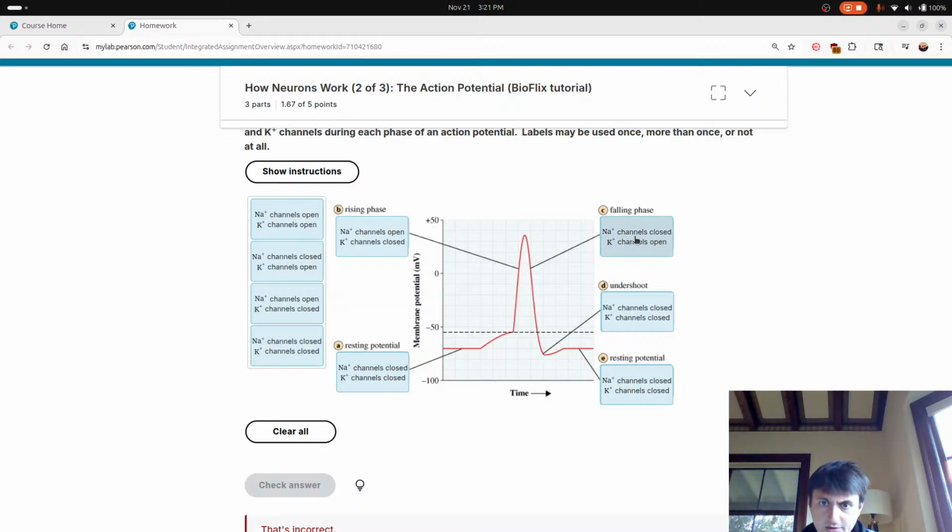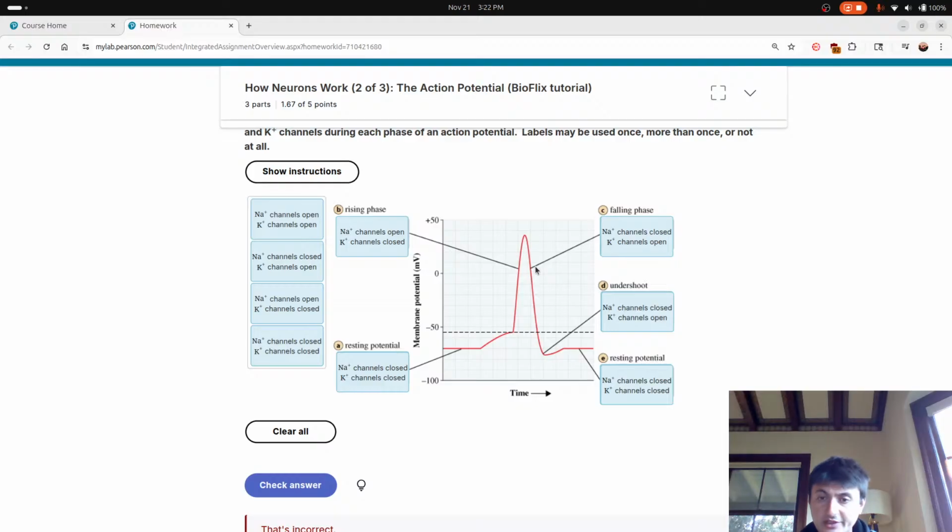So maybe they're... I'm gonna double check because in the overshoot right here, when it gets to this plus 30, that is when this thing closes.